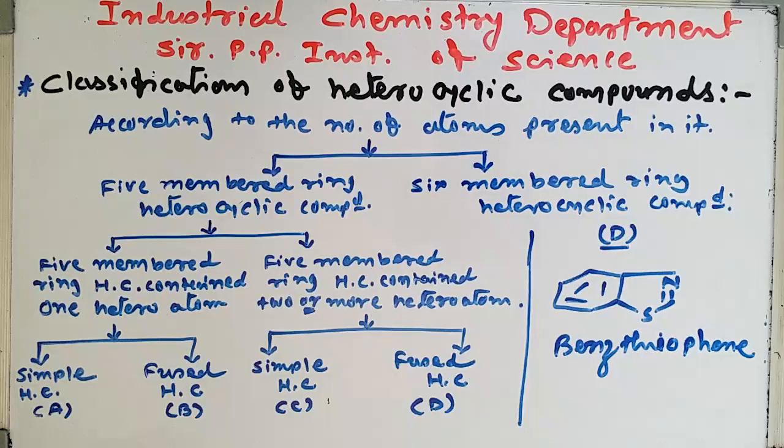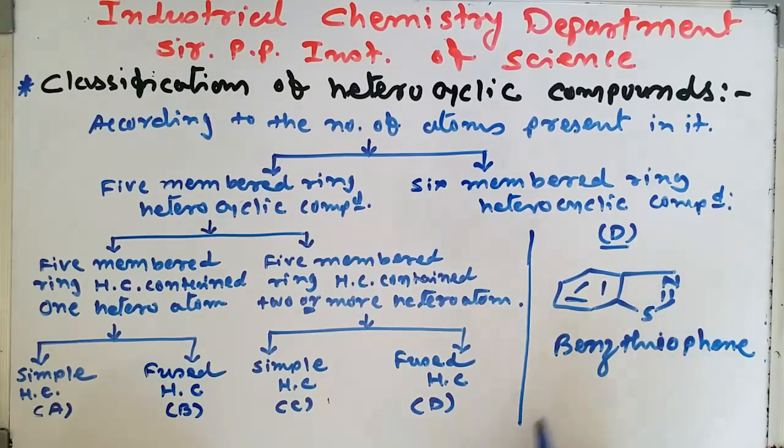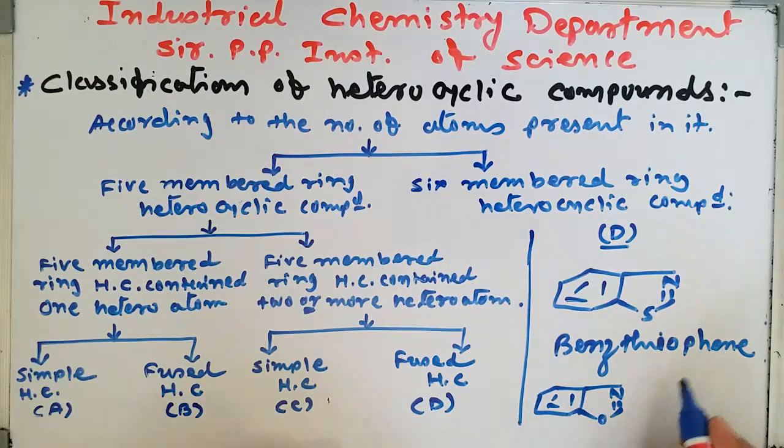And if oxygen is present as the heteroatom, sulfur is not present and oxygen is present, it is known as benzoxazole.